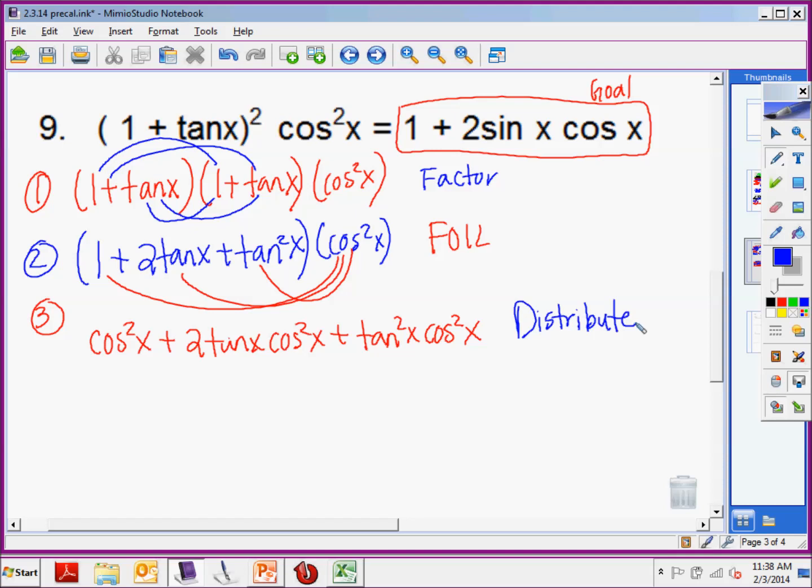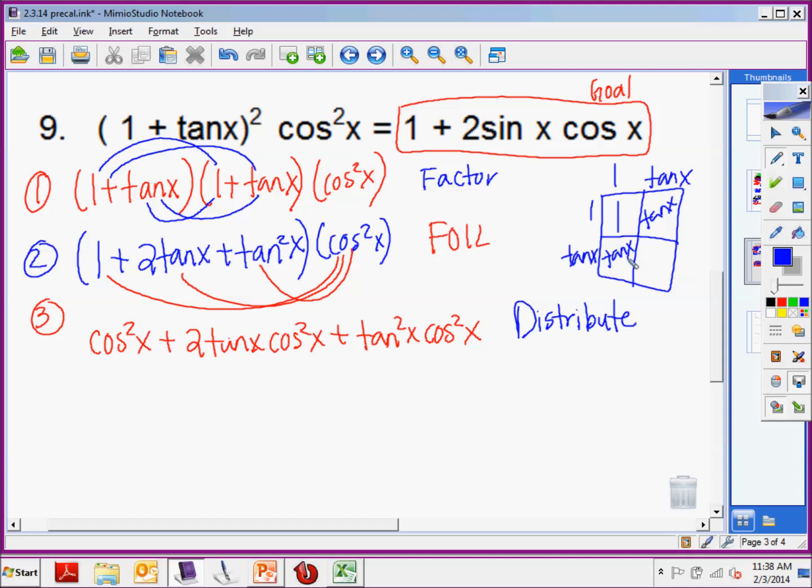Okay? If you're not comfortable with FOIL, you can always do the box method. 1 tan x, 1 tan x. 1 times 1 is? 1. 1 times tan is? Still tan x.